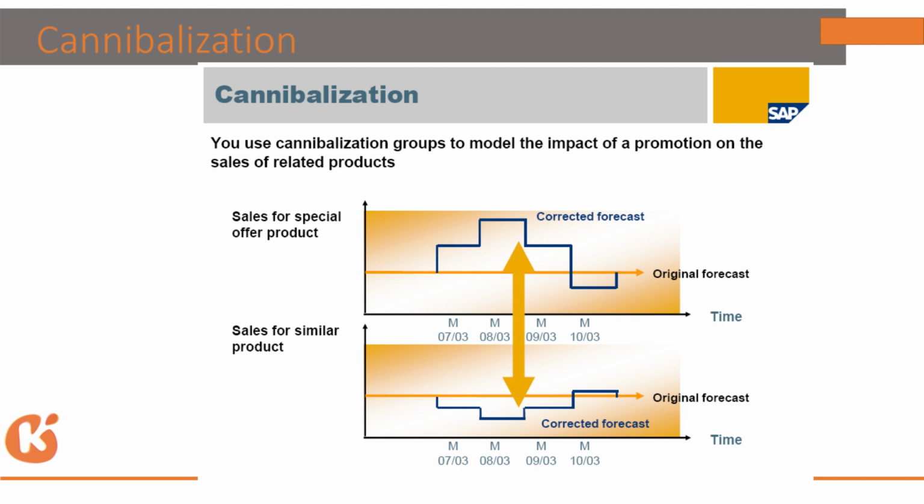And cannibalization, we can capture the cannibalization. Say for example, this is Coke 1 liter sales, and this is Coke half liter sales. Coke half liter is $1.50, and Coke 1 liter is $3.